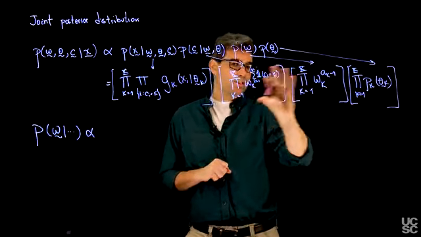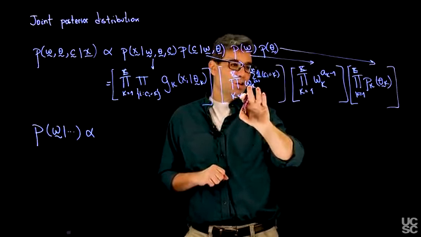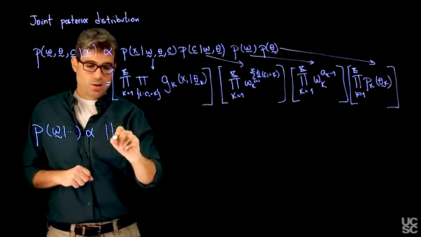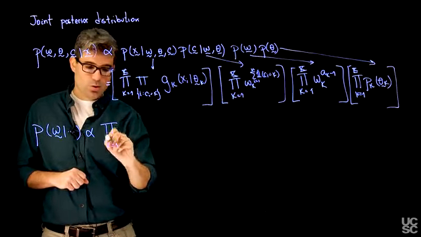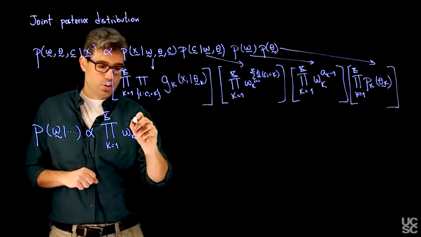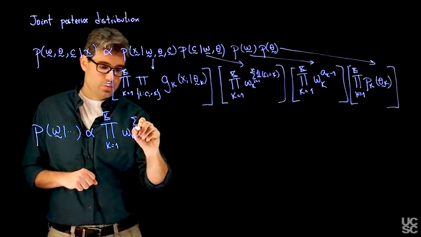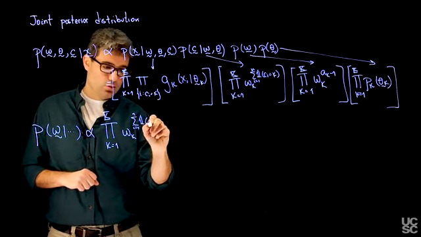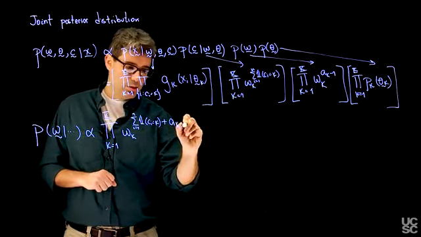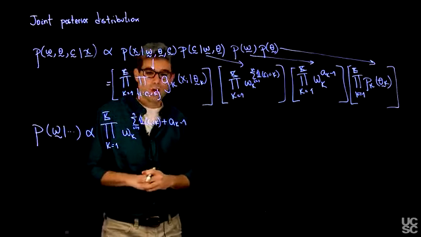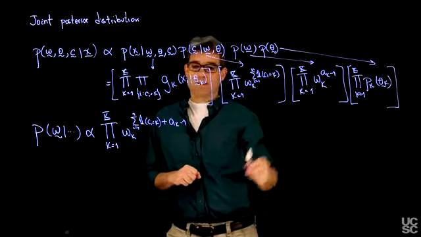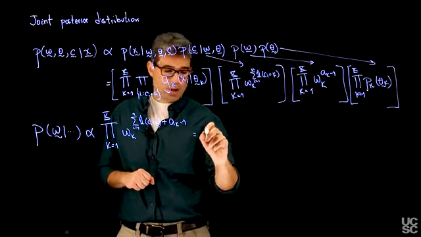Furthermore, the two pieces are very similar, so both involve products over k of the weight raised to some power. So we can actually combine the two expressions together and just write them as the product from 1 to capital K of omega sub k raised to the sum of these indicator functions plus a sub k minus 1. And this looks exactly like the prior that we used, except that now we have updated parameters.